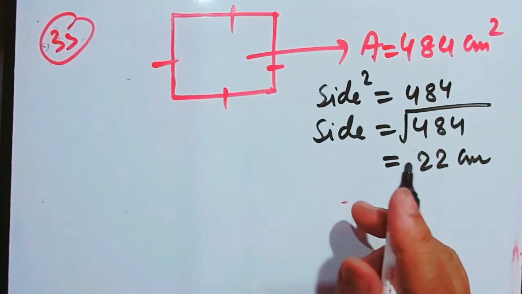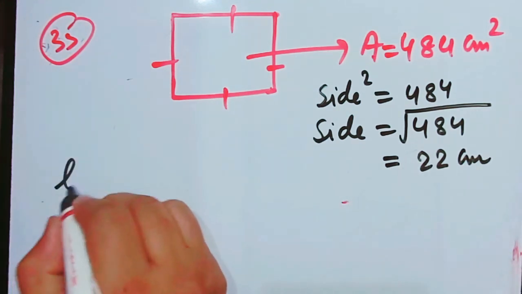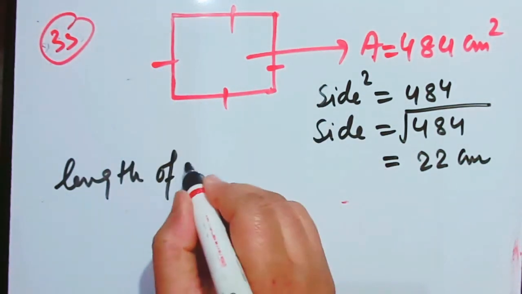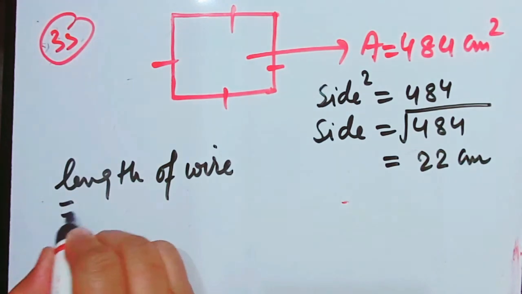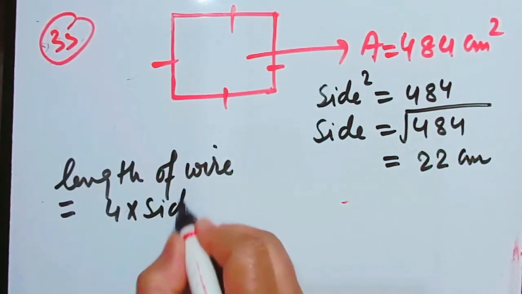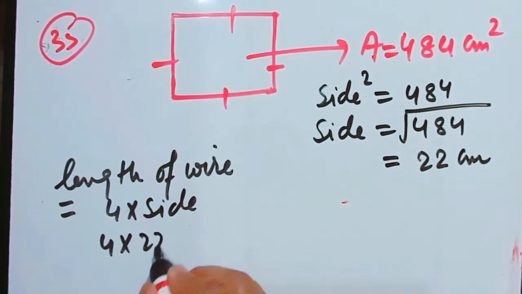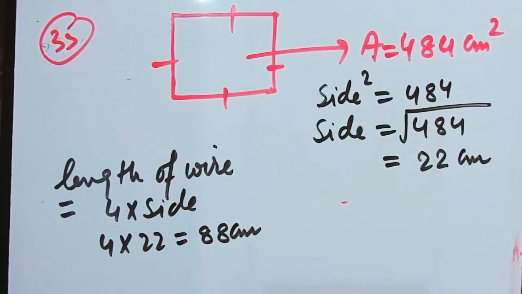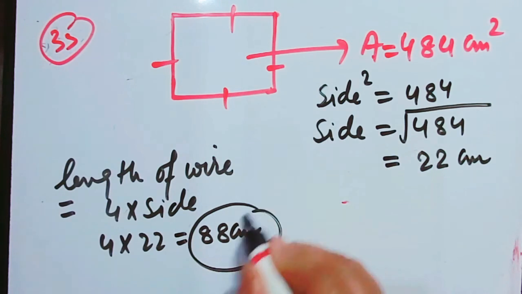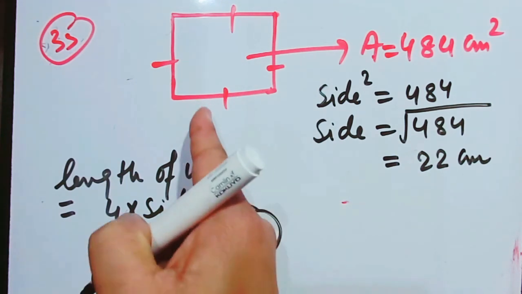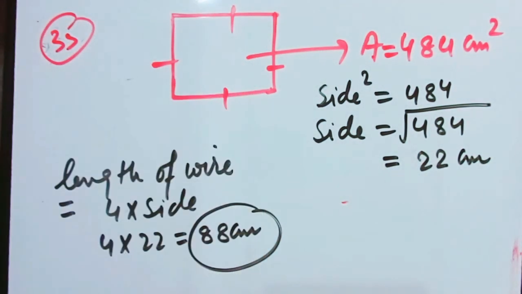Find the length of the wire. So length of the wire is equal to its perimeter. So length of wire will be equal to 4 times the side, that is 4 times 22, equal to 88 centimeter. Simple. Now this is the length of the wire from which this particular square was made.